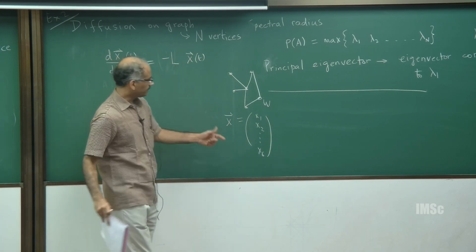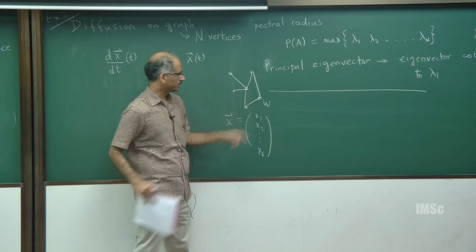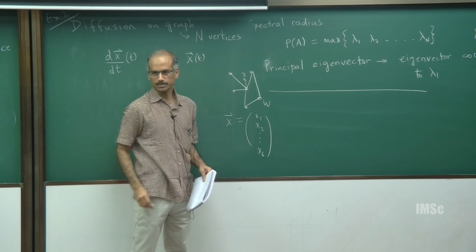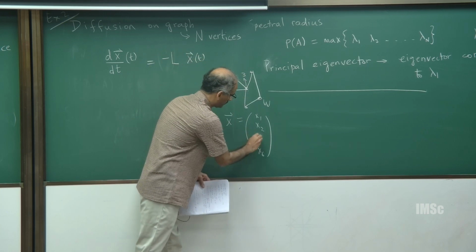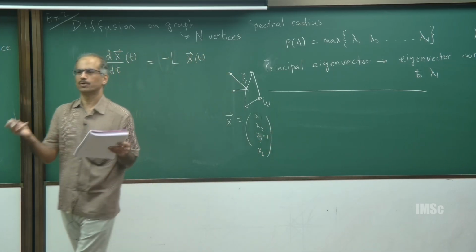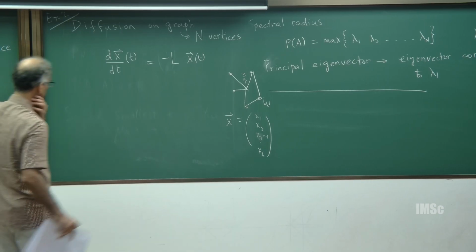If at some particular time there is only one walker at this node, say this is x3, the third node, then x3 will be equal to 1. It simply tells you the state of the node as far as the walkers are concerned.